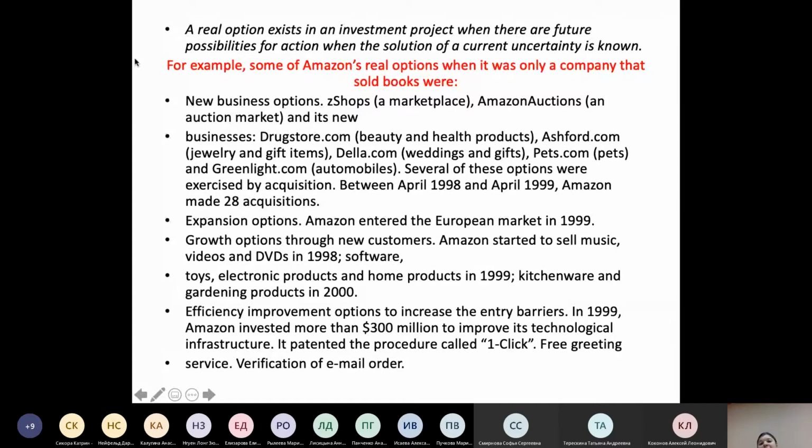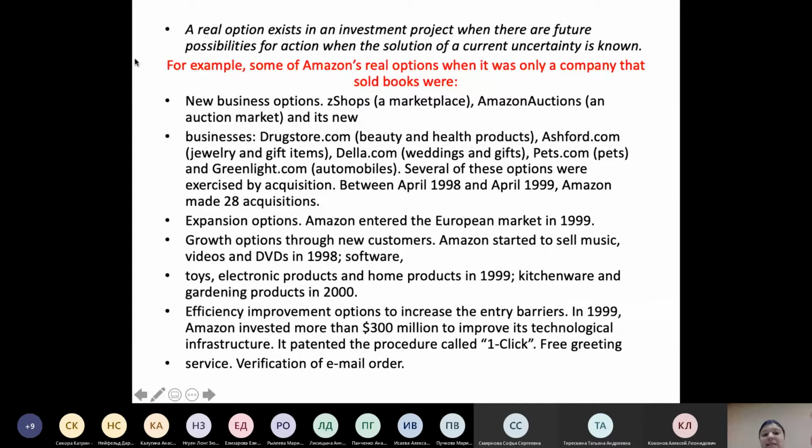In the period between 1998 and 1999, Amazon made 28 acquisitions, and all these acquisitions can be named examples of real option valuation.